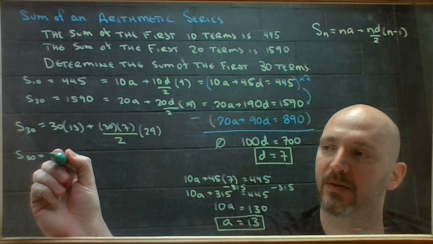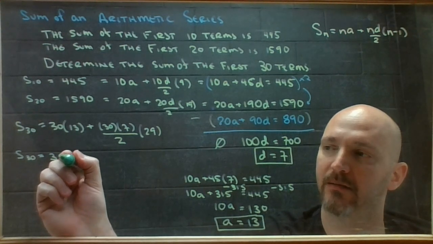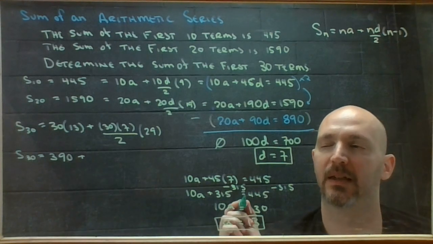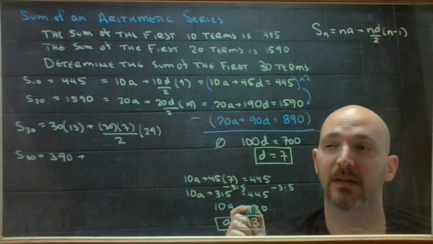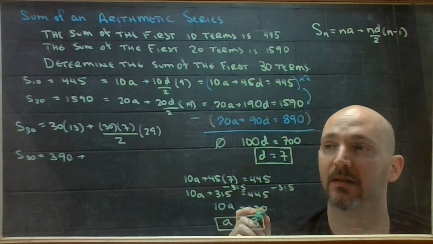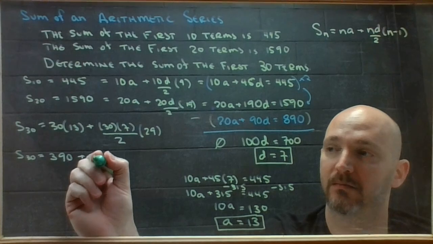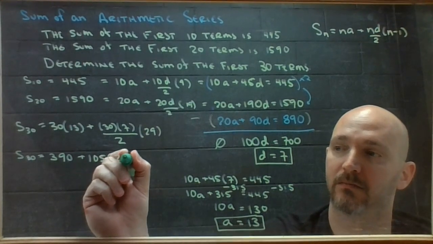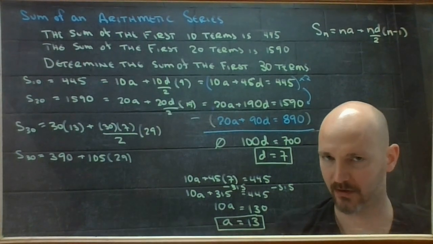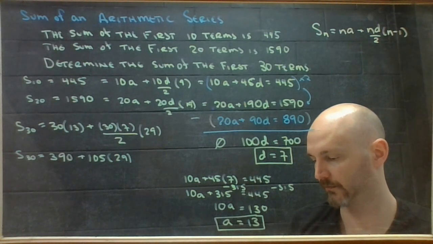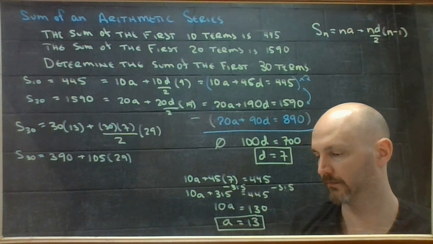30 times 13 is 390. 30 divided by 2 is 15, and 15 multiplied by 7 would be 105. I'm just going to check that one. Oh, good.